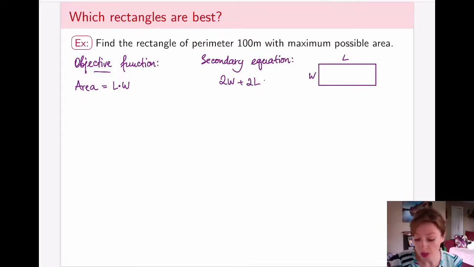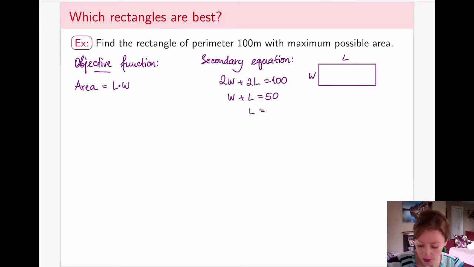I'm now going to solve this equation for one of the variables and then use that to replace that variable in my objective function. Generally, there might be some considerations as to what variable is better or easier to solve for. This equation is very symmetric for L and W, so it really doesn't matter. Let me solve it, for example, for L. So I'm going to divide everything by 2, first of all.